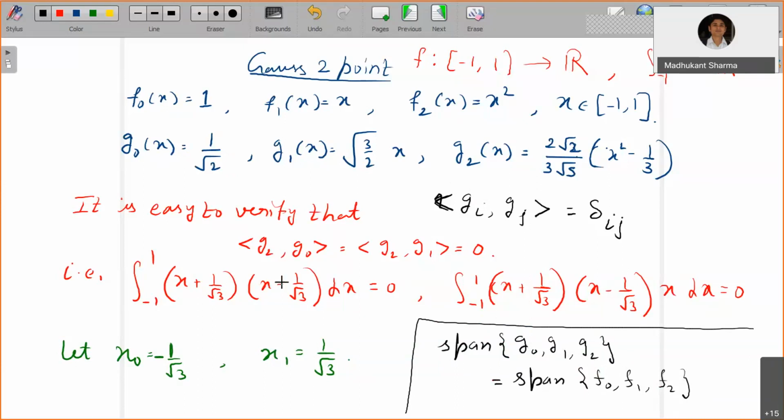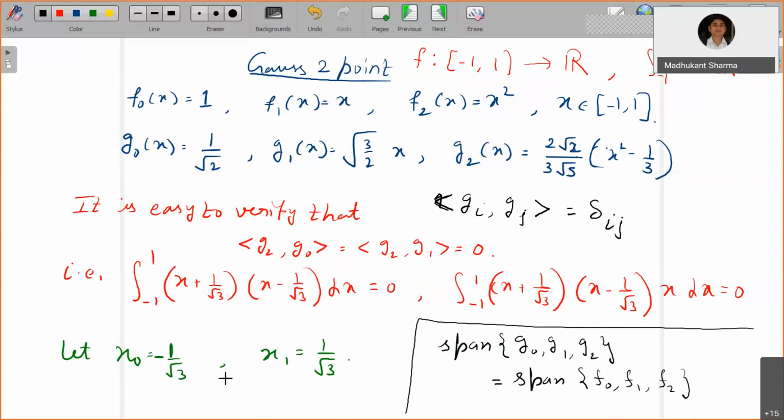Now let's choose these points as the interpolation points. Let's take the roots of this quadratic polynomial g2, which are plus minus 1 by root 3. So we can denote x0 as -1 by root 3 and x1 equal to 1 by root 3.